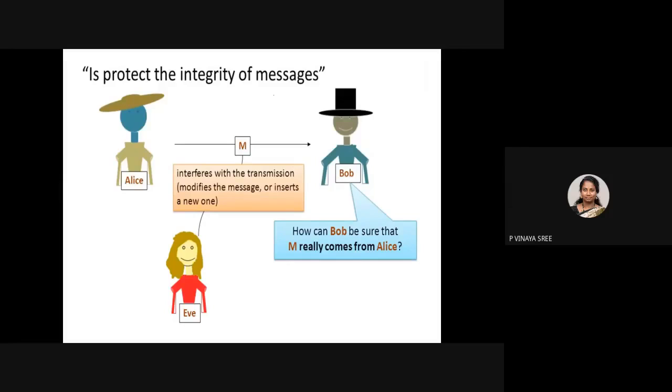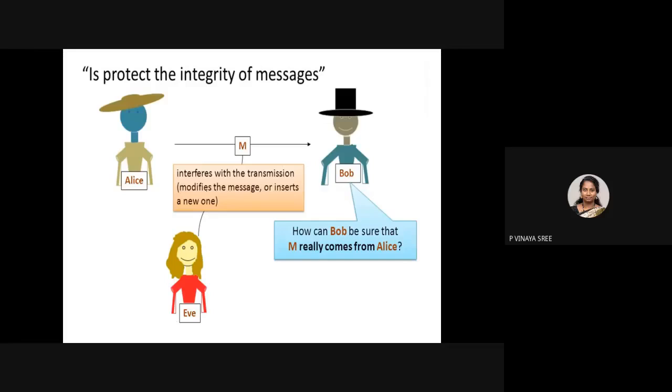To protect the integrity of a message, what is the integrity of a message? If Alice wants to send some message to Bob, in the transmission, let us consider Eve is there. Eve will try to modify the message or try to insert a new message.